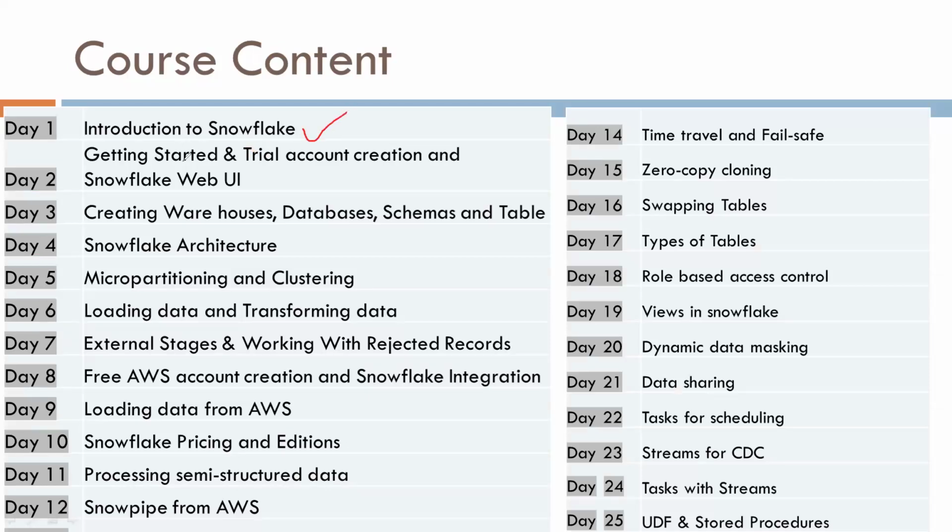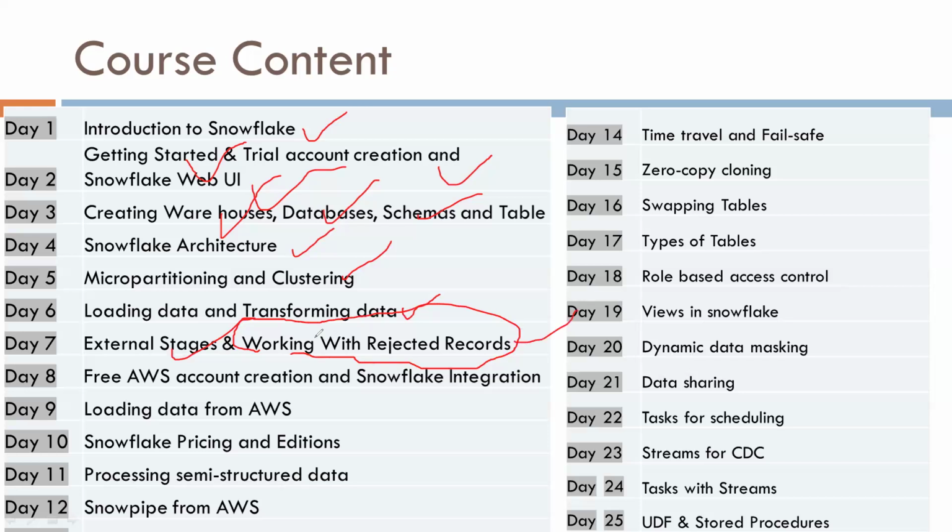Introduction to Snowflake, getting started, how to create a trial account, what is the Snowflake Web UI, creating warehouses, databases, and schemas, what is Snowflake architecture, what are micropartitions and clustering, how to load and transform the data without using any ETL tools, what are stages, and how we are going to work with rejected records. This is very important, right?